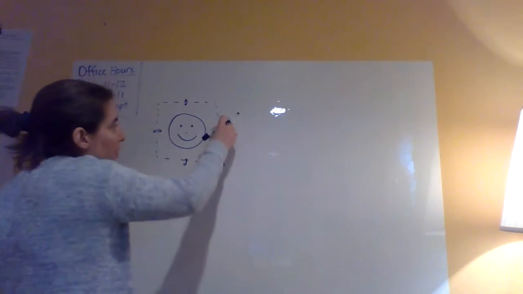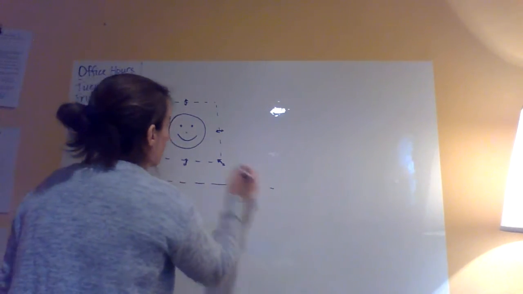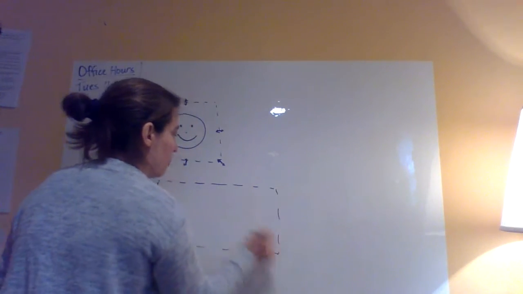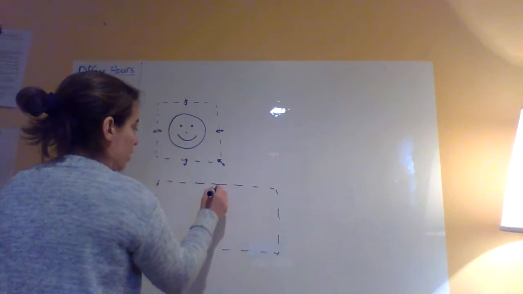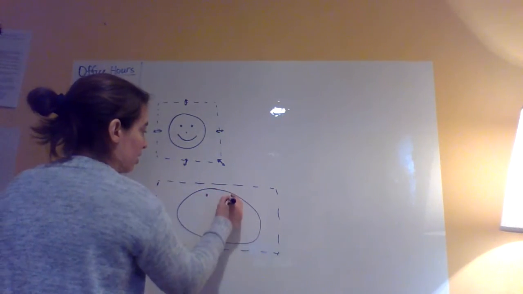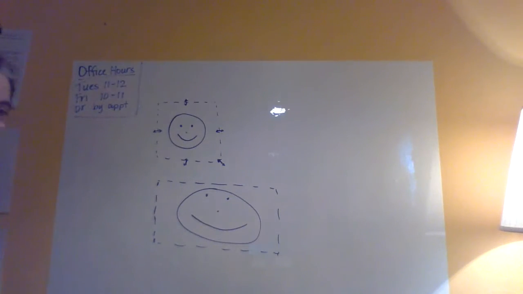If we pull on just the side, then it would keep the height the same and just make the width wider, and it would pull it so now it looks something like this, kind of distorted.